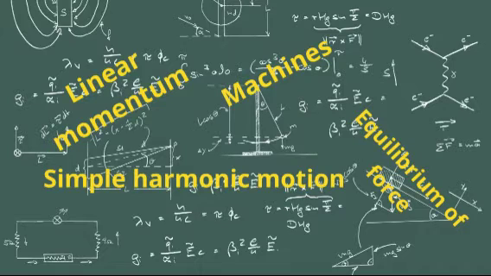We talked about the efficiency of machines, where we looked at mechanical advantage and the rest. We also looked at simple harmonic motion, talking about the periodic motion of objects and its characteristics when it is observing simple harmonic motion. And then we looked at equilibrium of force.